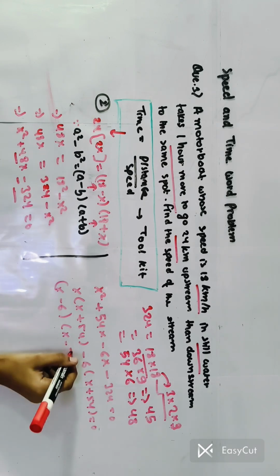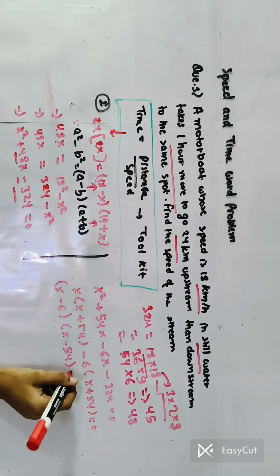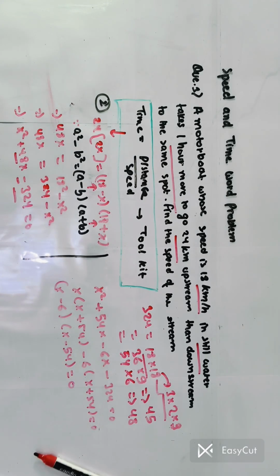This question deserves more than 5 marks. If you can solve this question, I am sure you will get above 90 in maths in general. Because except trigonometry, I don't think any other part of the math syllabus in class 10 would be harder than this question.